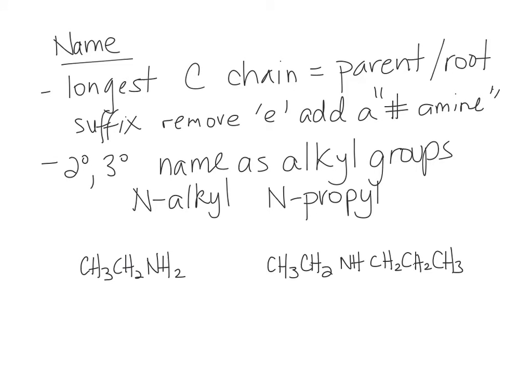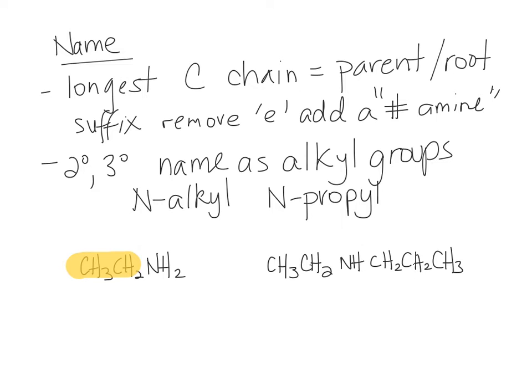So let's name these two structures. Let's take a look at this first one. We've got an amine. It's a primary amine because there's only one carbon chain, and it's 2 carbons in length. In this case, we don't need a number because either carbon would be carbon 1.